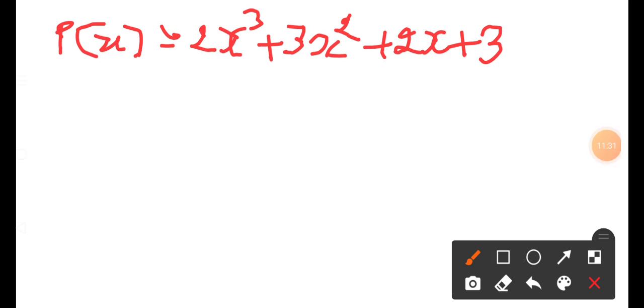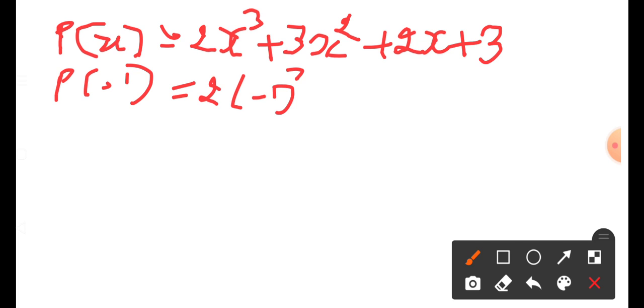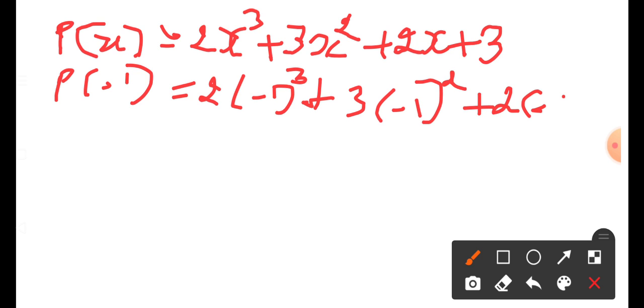First we substitute x equal to -1. Okay. Now p of -1 is 2 into (-1) whole cube plus 3 into (-1) whole square plus 2 into -1 plus 3.